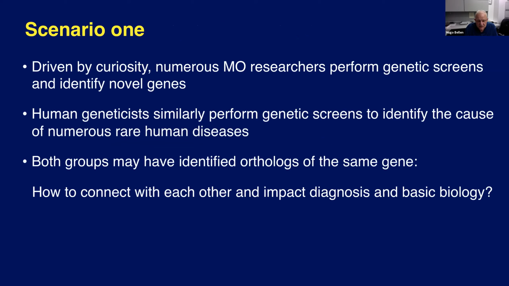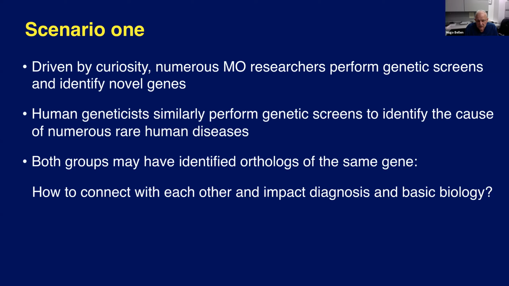The human geneticists perform, in essence, genetic screens to identify the cause of numerous rare human diseases. So very often they may have in their database mutations in the genes that you're studying in the model organism. And the idea of the seminar series is to try to connect the model organism researchers with the human geneticists, and guide them to explore databases so that they can make these connections.